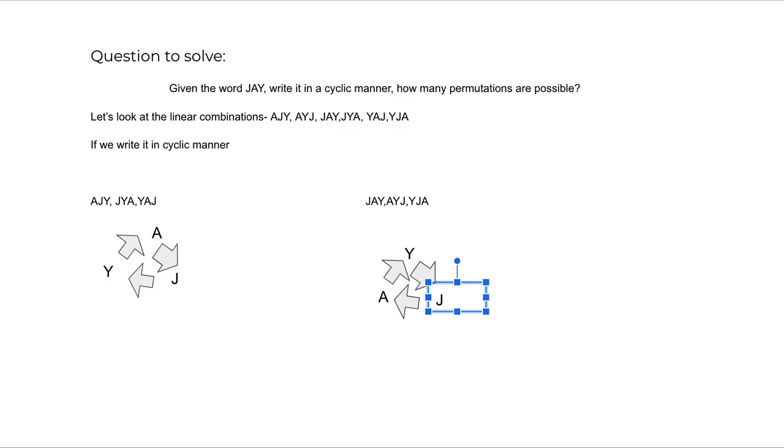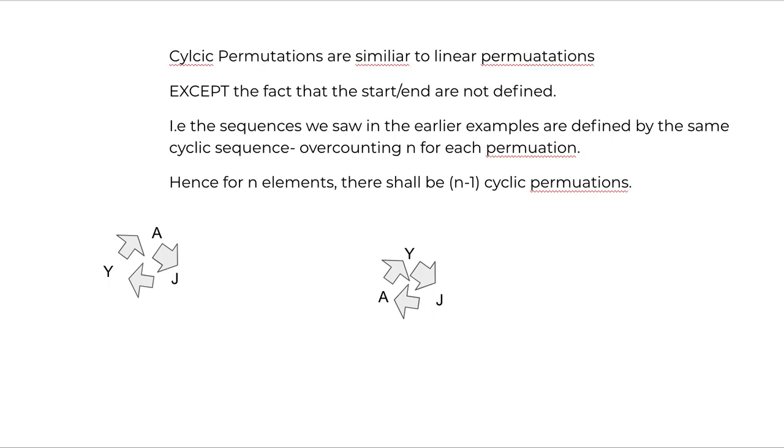The problem with cyclic permutations is that they're similar to linear permutations except the fact that the start and end are not defined. So each linear permutation would be handled by either of the cyclic permutations, and we overcount them n times.